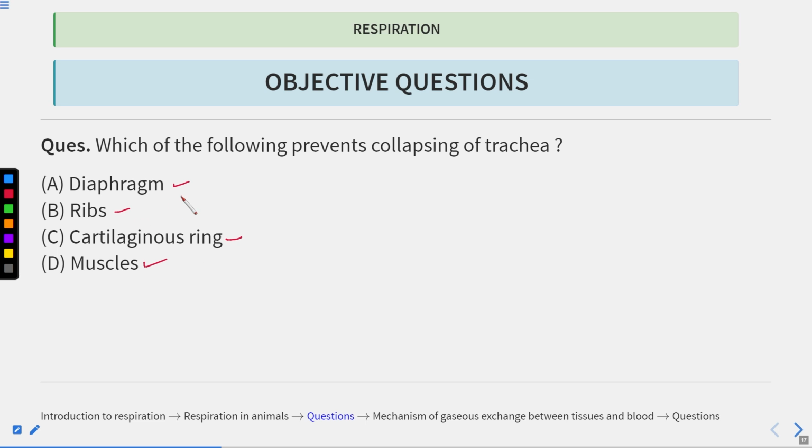The diaphragm is a muscular structure that divides the thoracic cavity from the abdominal cavity, and it also plays a role in breathing, as we discussed in the previous lecture.